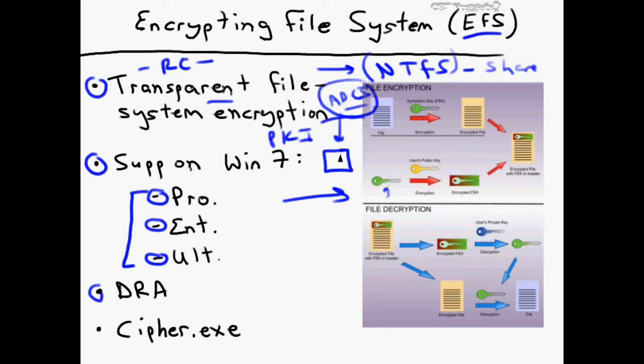Now, the digital certificate is going to contain only the user's public key, and Windows 7 uses that public key to encrypt another key called a file encryption key, or FEK. Windows will create a FEK each and every time a file is encrypted.